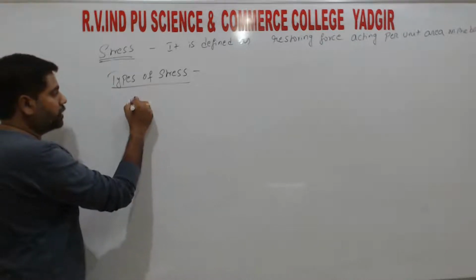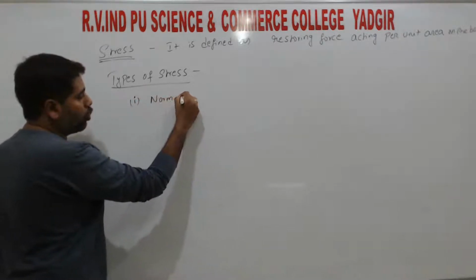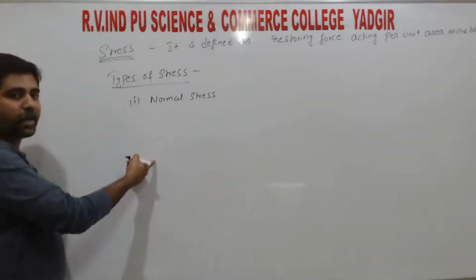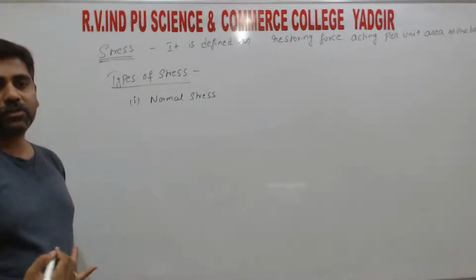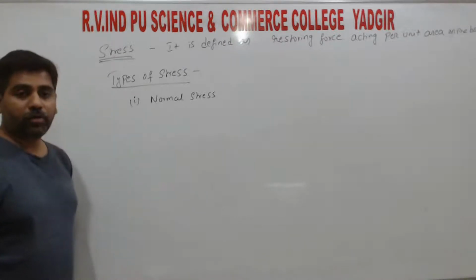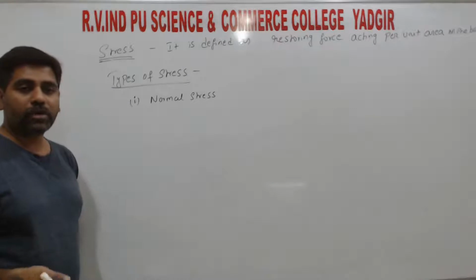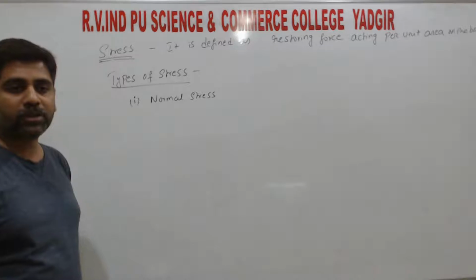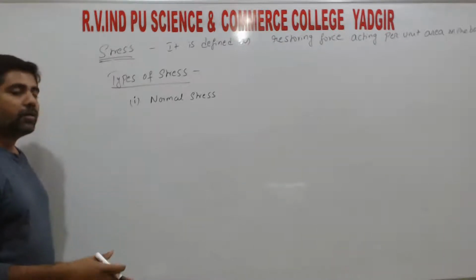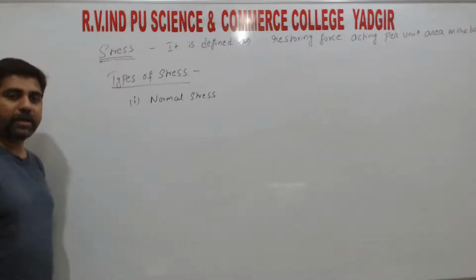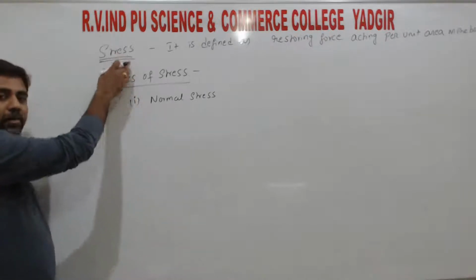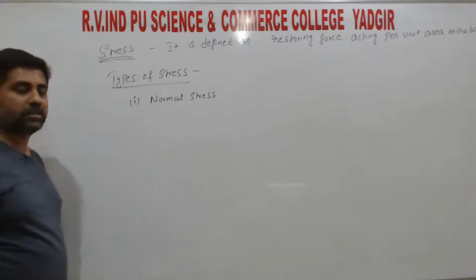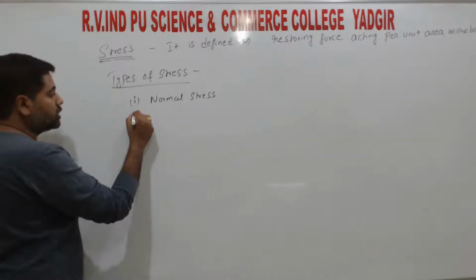The first one is normal stress. Whenever we say stress, however many types come, the mathematical relation, the SI unit and the dimension are the same for all. Different types of stress do not have different SI units, different dimensions or different physical quantities. Scalar or vector also does not change. So stress is a scalar means all three types of stress are scalar quantities themselves, right? So the first one is normal stress.